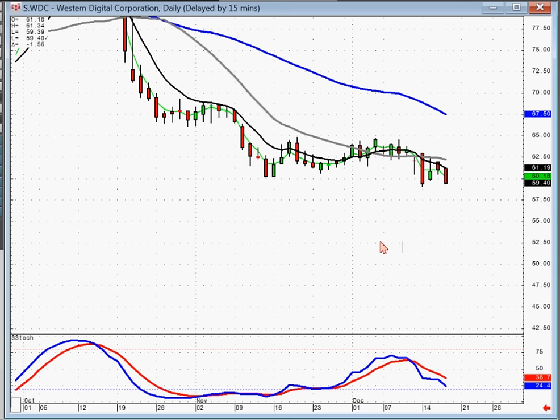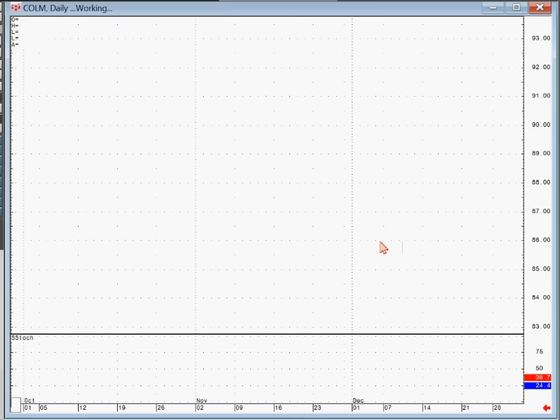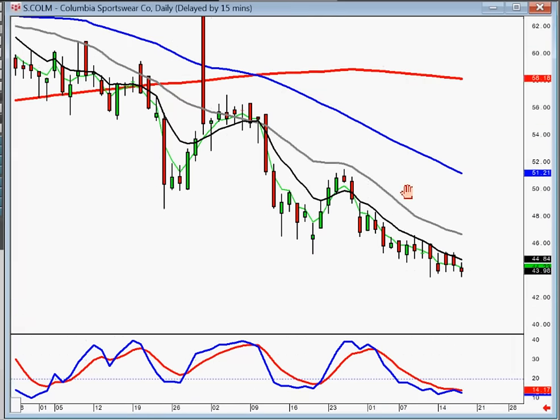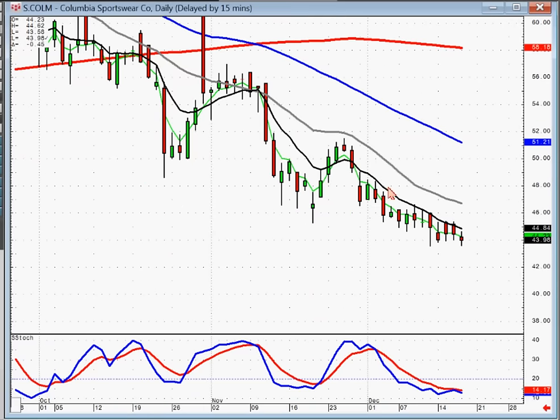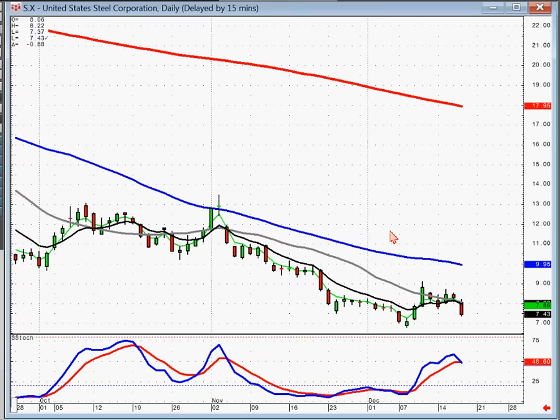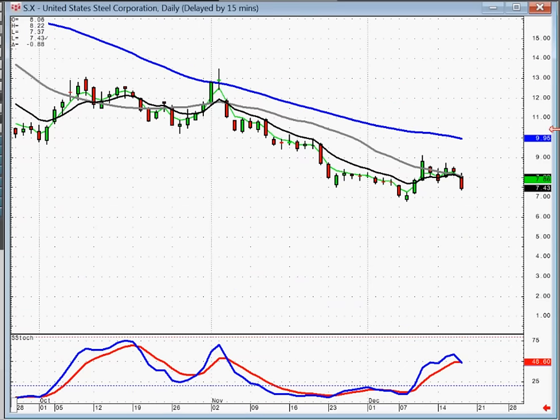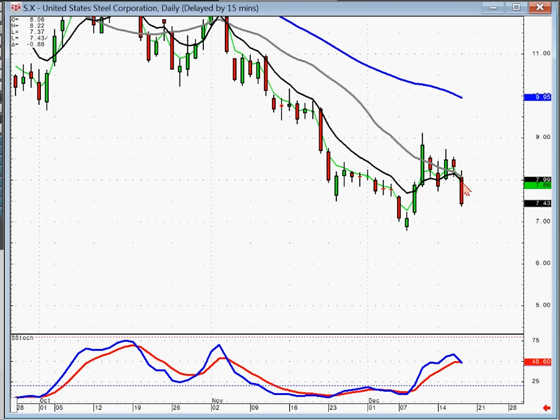And so let me take a look at a few more. The ones that we're short in, COLM, ever since the evening star signal, notice what it hasn't been able to do, close back up above the T-line. I saw that U.S. Steel also was failing with a little gap down, telling me that they're probably coming down to this trend channel.